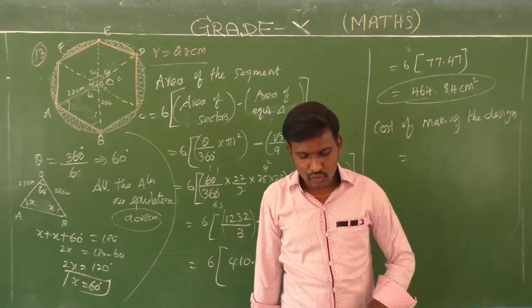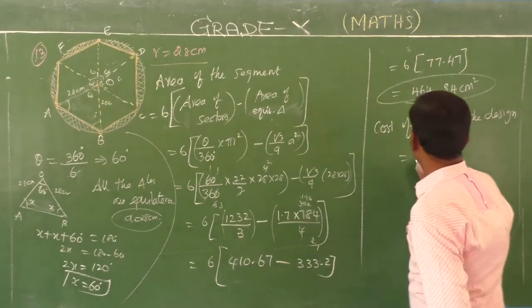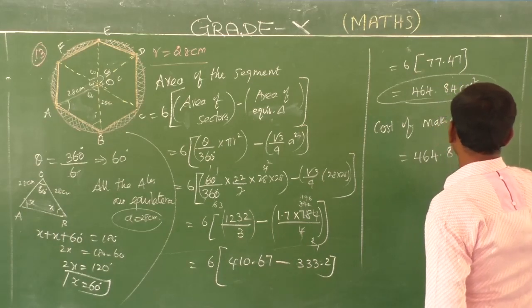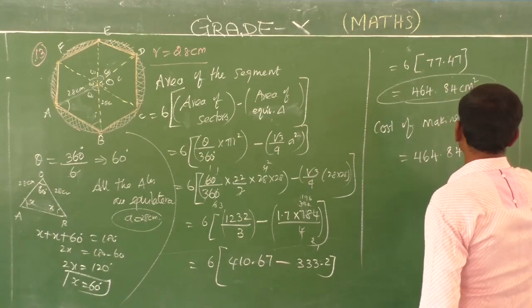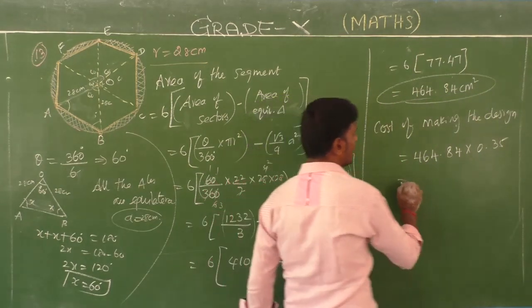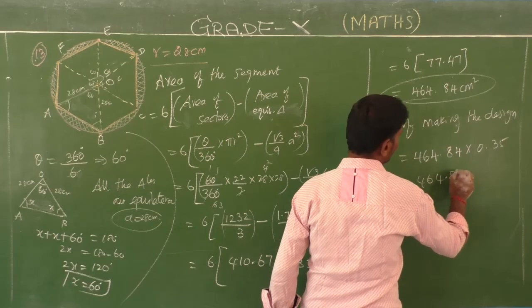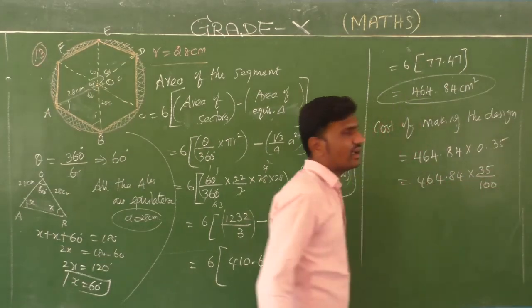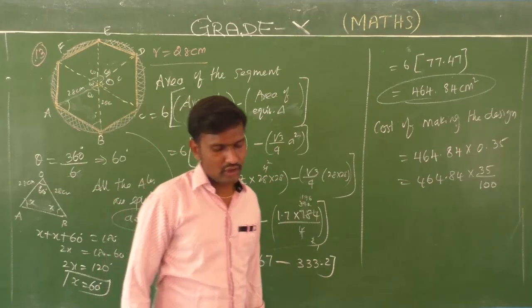Now we are going to multiply 464.84 into 0.35, but I am going to take 464.84 into 35 by 100.